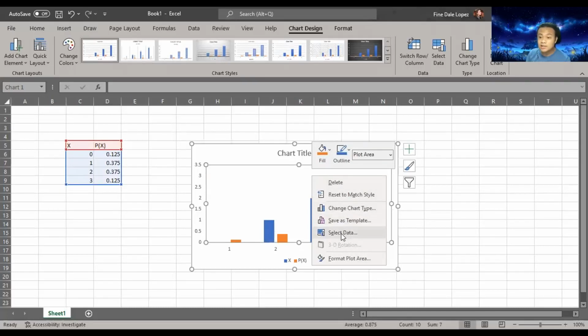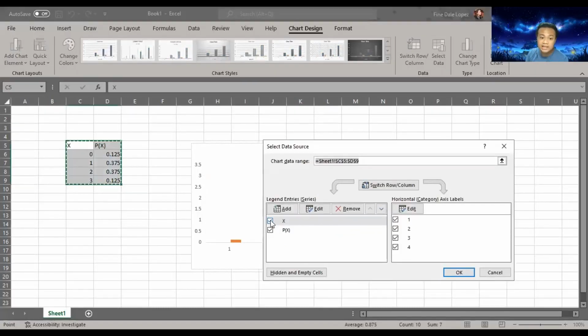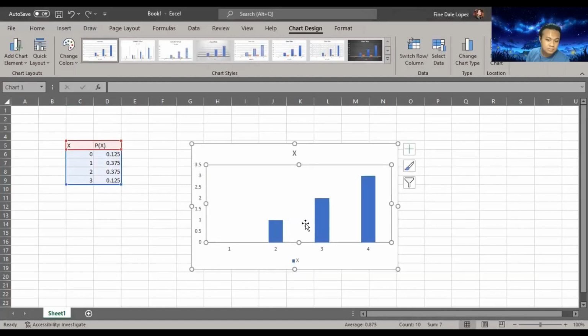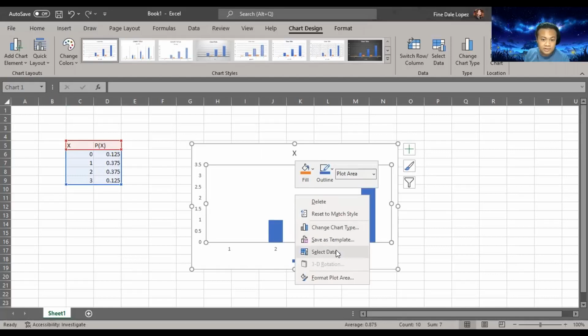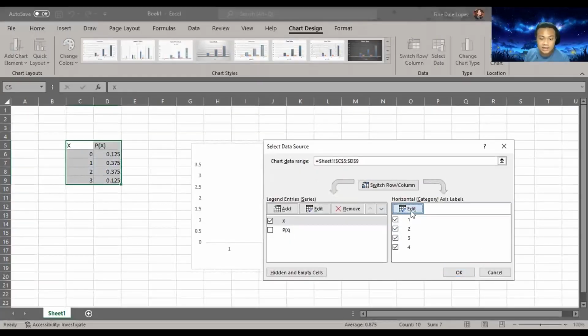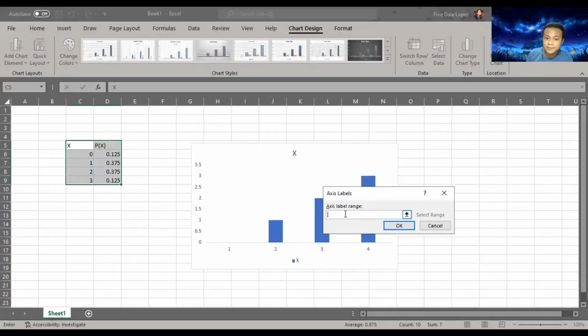So let's select data, and then uncheck the x. Next, select data again, then edit, and for the axis label range, choose the values of x.